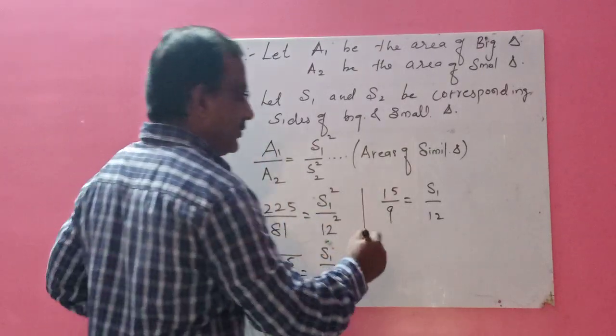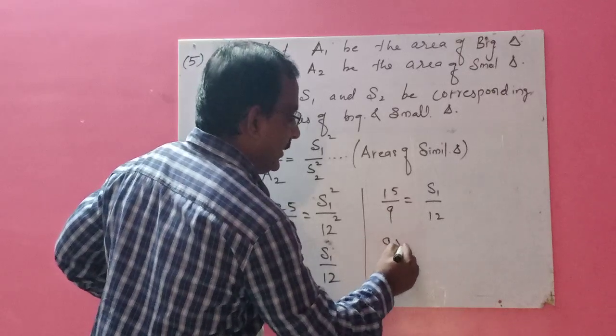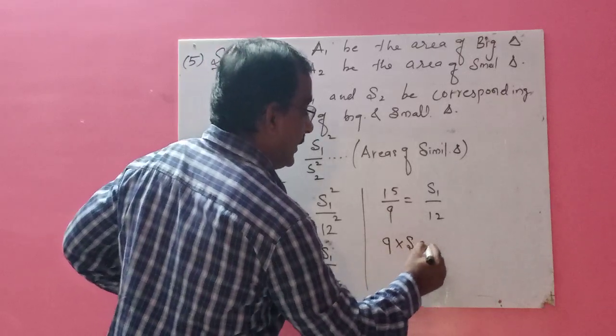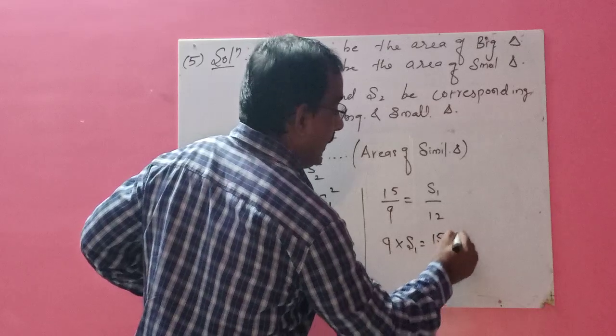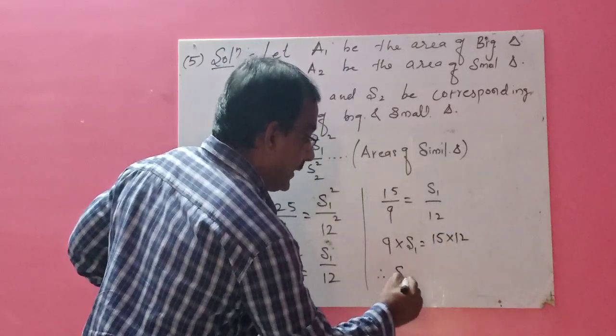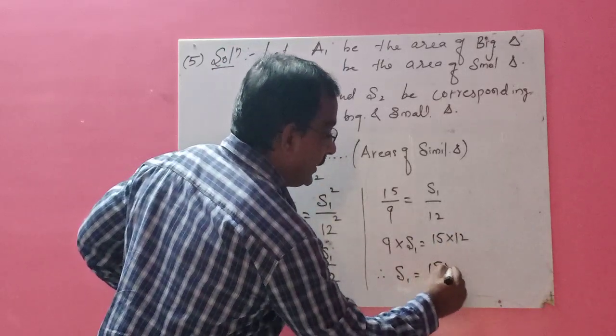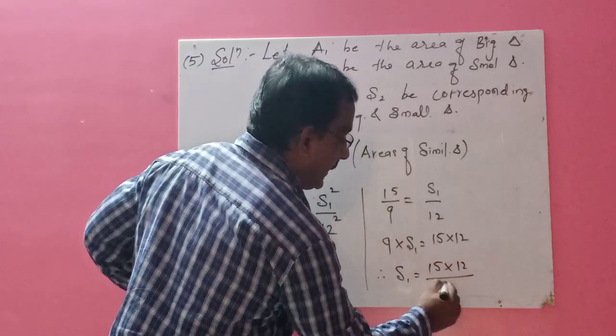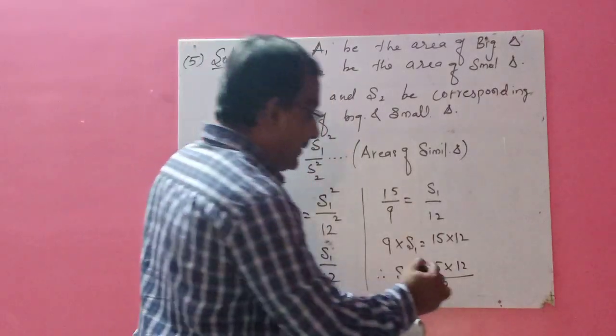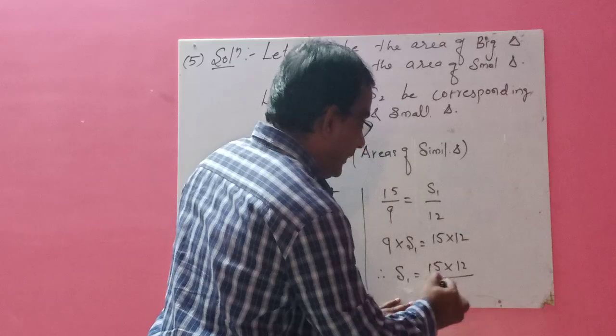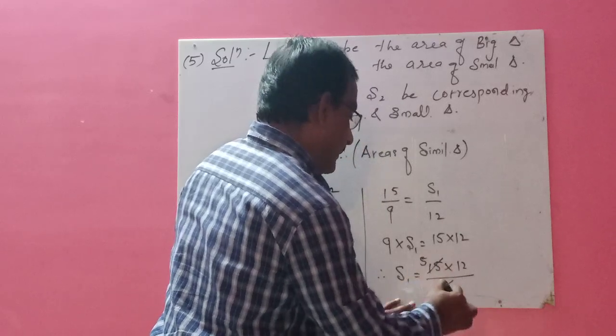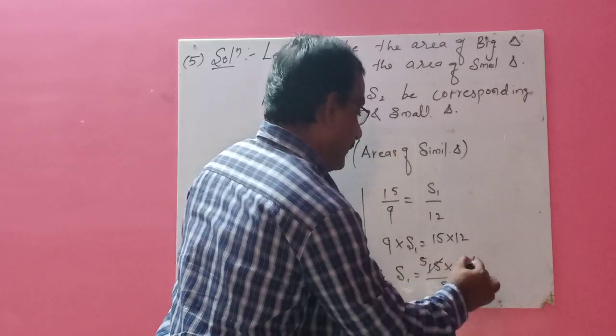And then do your cross multiplication, that is 9 into S1 is 15 into 12. Therefore S1 is equal to 15 into 12 divided by 9. It is divisible by 3. 3 3s are 9, 3 5s are 15, 3 1s are 3, 3 4s are 12.